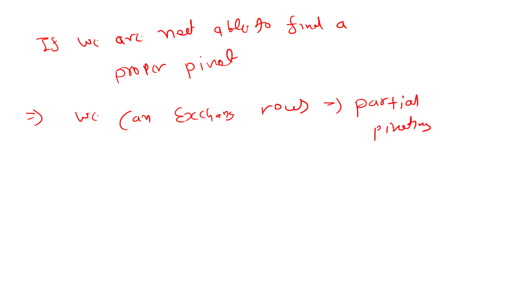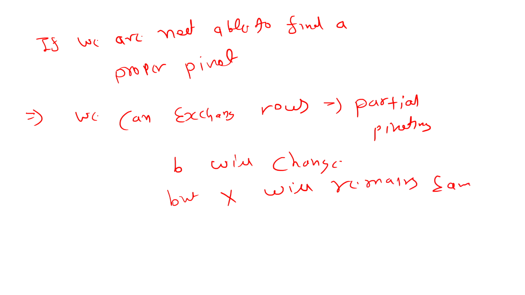If we exchange rows, then B will change, but X will remain the same. Or we can change columns, and that is called complete pivoting.